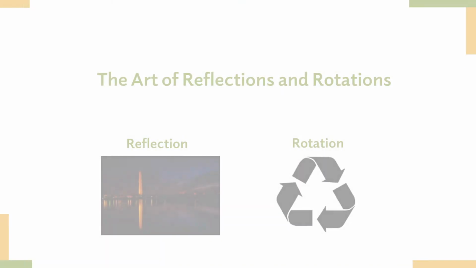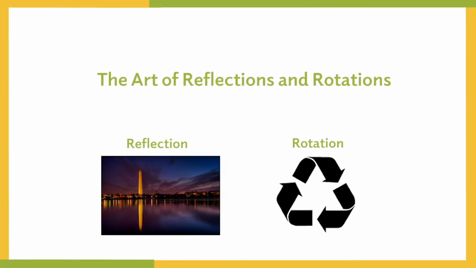Okay, so transformations, reflections, and rotations, those are the big ideas for tonight. We're going to connect those things to the artwork of Piet Mondrian. So again, we're focusing on reflections and rotations. A reflection in math, the easiest way to remember it is that it's a mirror image.